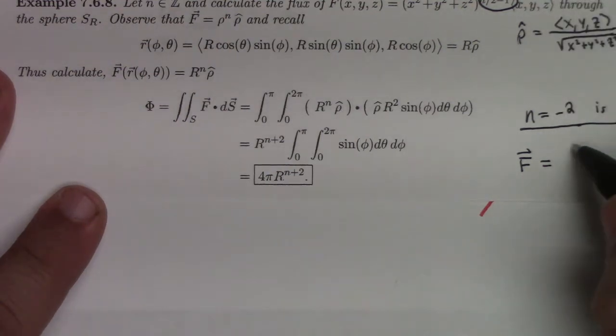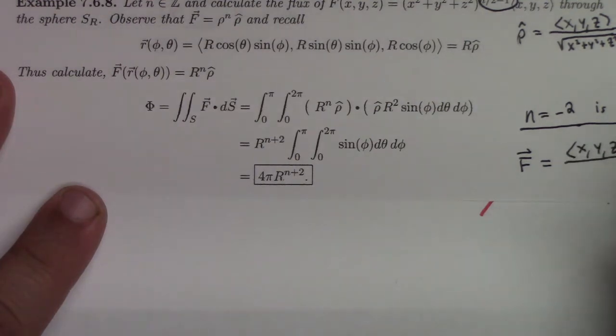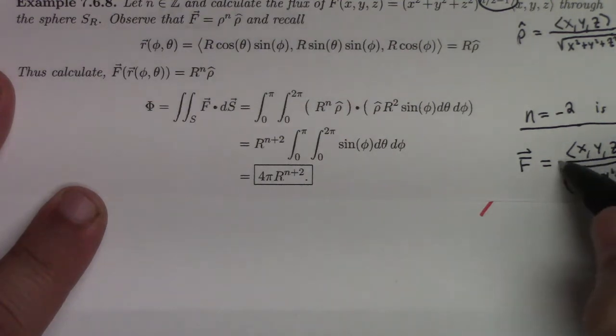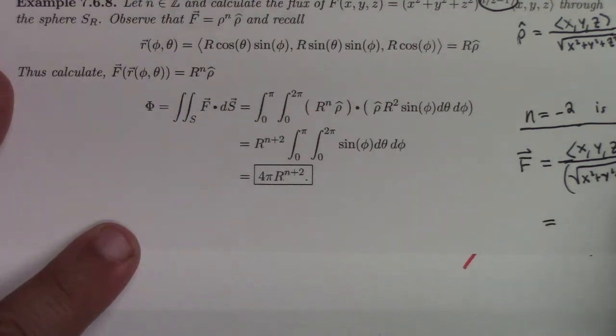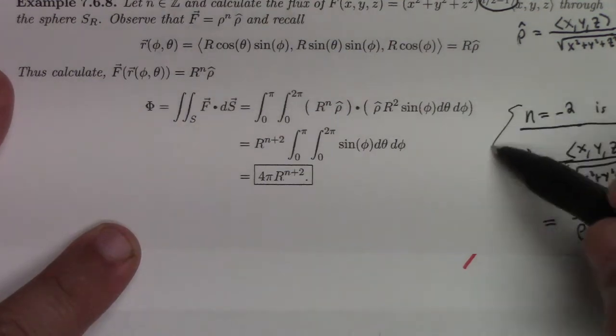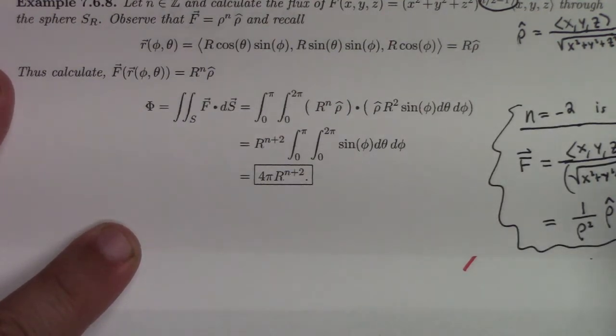So you've got xyz divided by the square root of x squared plus y squared plus z squared, all quantity cubed. Or if you want to write it in terms of the other notation, it's 1 over rho squared rho hat. N equals minus 2 is the so-called Coulomb field.